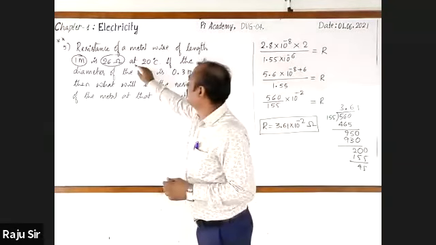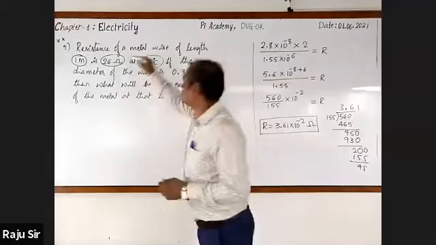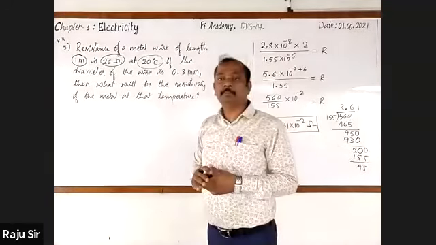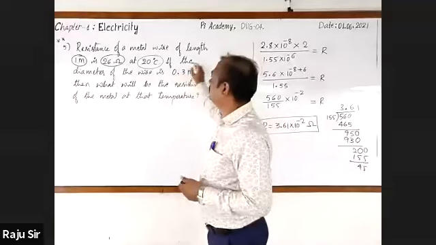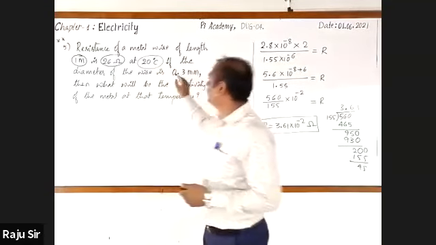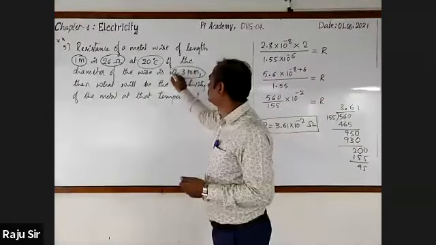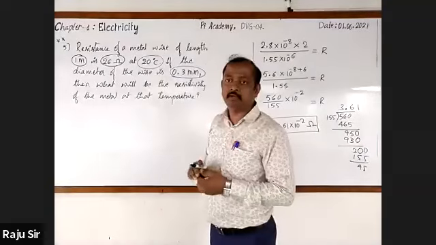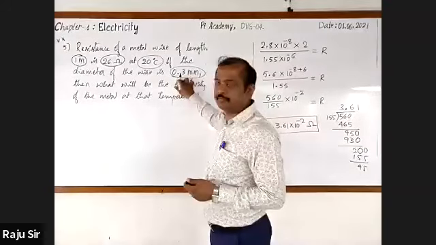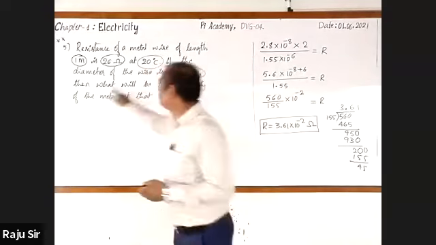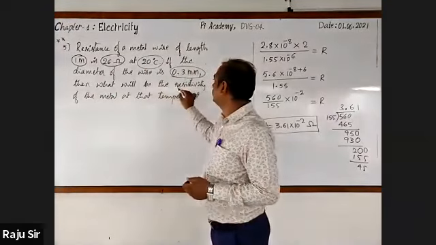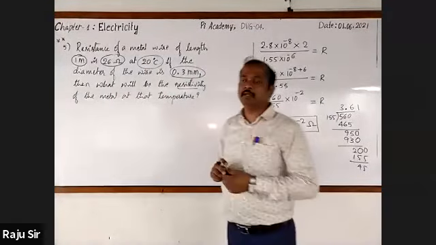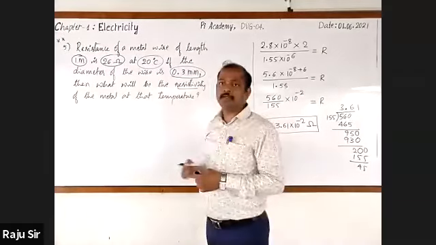At 20 degrees Celsius, it is the temperature. Next, if the diameter of the wire is 0.3 millimeter, this is the cross section. With this information, we have to find out the resistivity of the metal at this temperature.